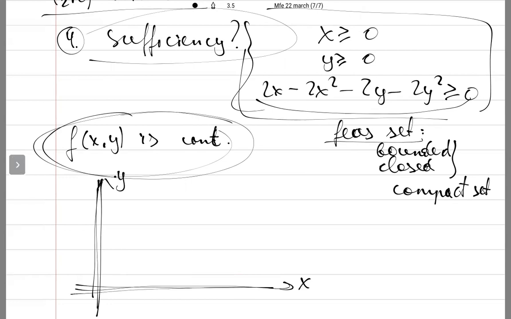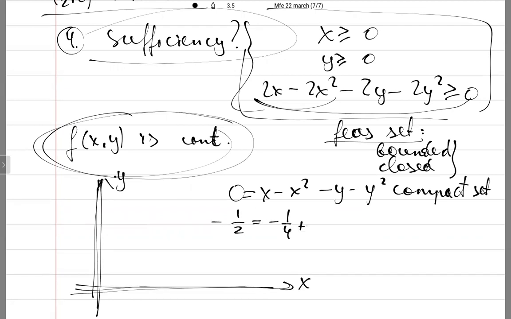So if you'd like to draw it, it is x minus x squared minus y squared equals 0. What should I do? I think I will add 1/4. It's equal to minus 1/4 plus x minus x squared minus 1/4 minus y squared.